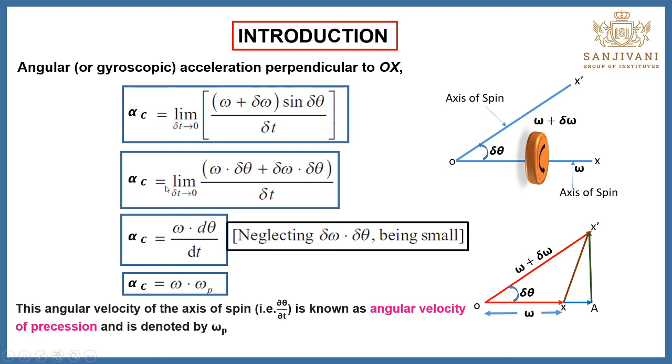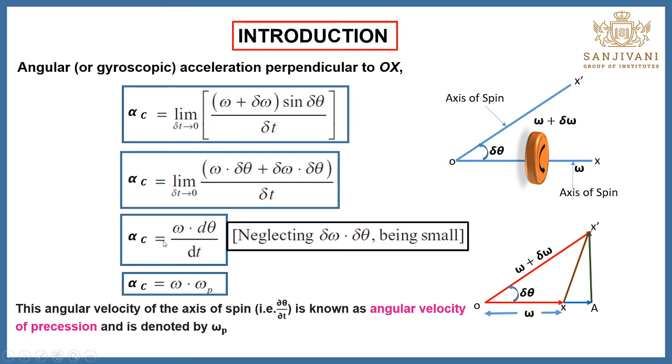That means alpha c is equal to, if you simplify this term, omega into delta theta plus delta omega into delta theta. Delta theta is very small, and delta omega is a small change in omega, so we can neglect this term because its product is very small. We will find one term, which is omega delta theta upon delta t.